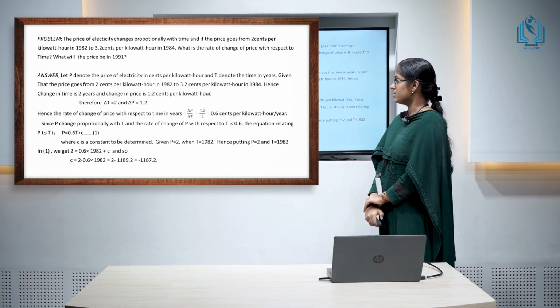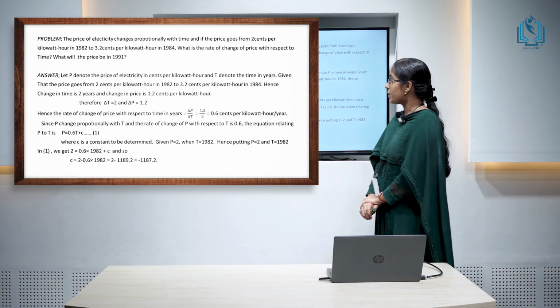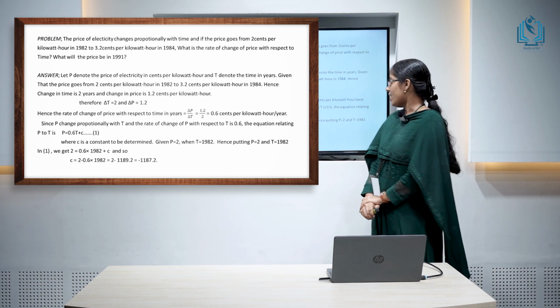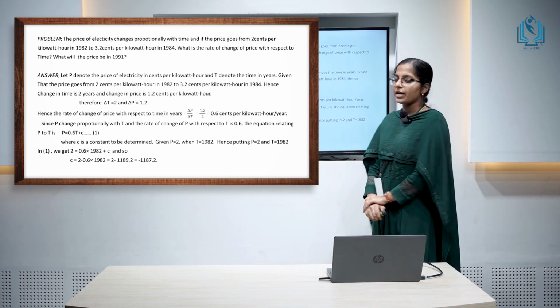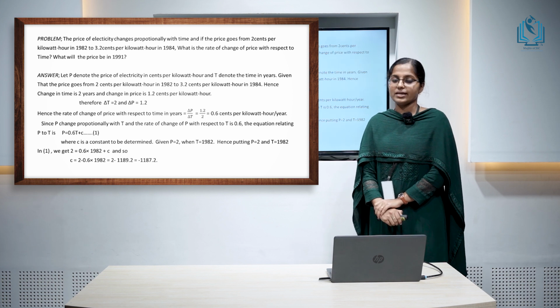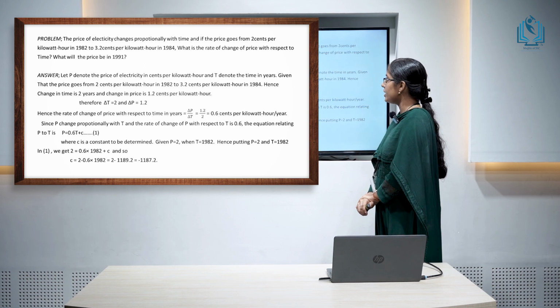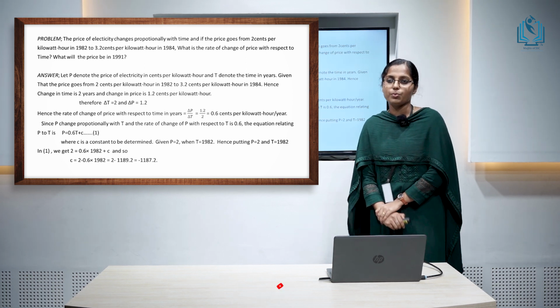And the answer is: here we first denote P as the price of electricity in cents per kilowatt hour and T as time in years. The price goes from 2 cents to 3.2 cents. Therefore, delta P equals 3.2 minus 2, which is 1.2.